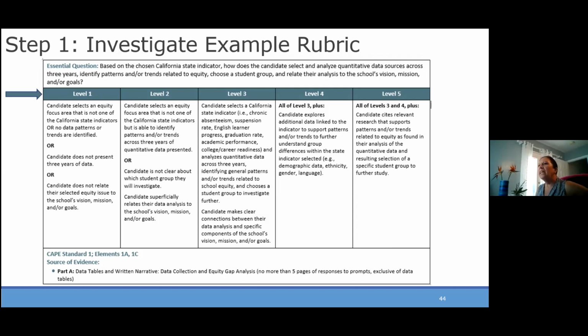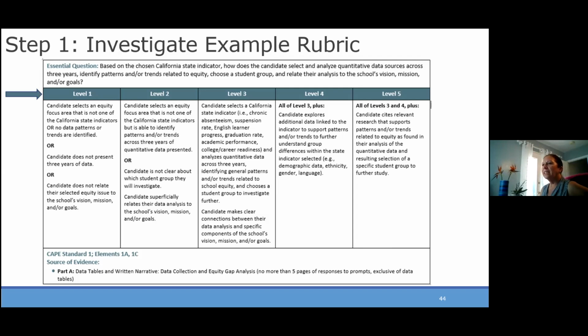So the candidate in level 3 does, yes, select a California state indicator, and they analyze quantitative data across 3 years, so important. They identify general patterns and trends related to school equity and choose one student group to investigate further. So they are providing the evidence exactly as we've asked them for it.